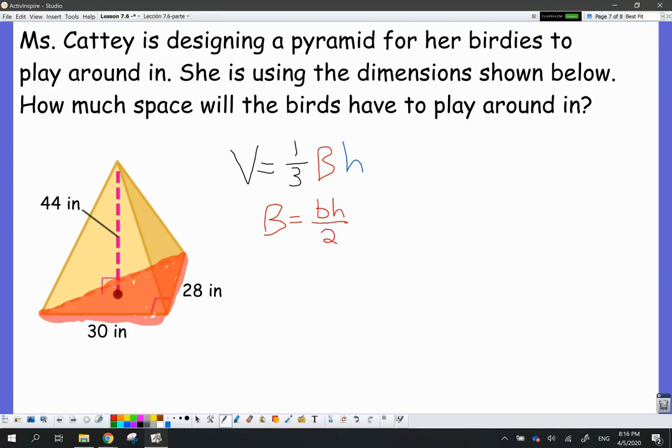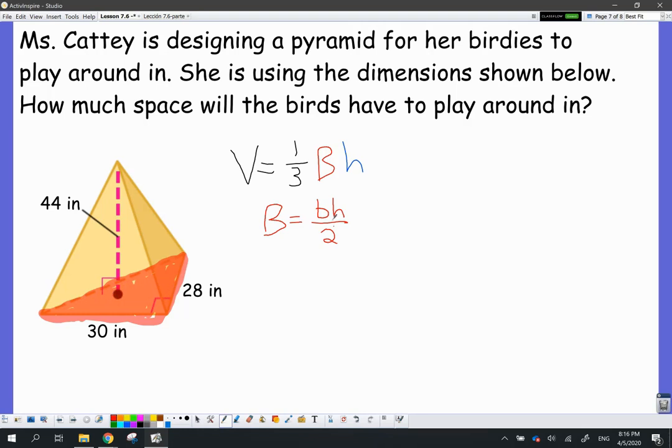Now notice that I'm being very specific when I say my B and H here. Base of the triangle and height of the triangle. This can get a little confusing because you have H's in both of these formulas and you have B's in both of these formulas. Remember that the capital B is an area. So this represents the area of a 2D shape. My triangle down here is a 2D shape.